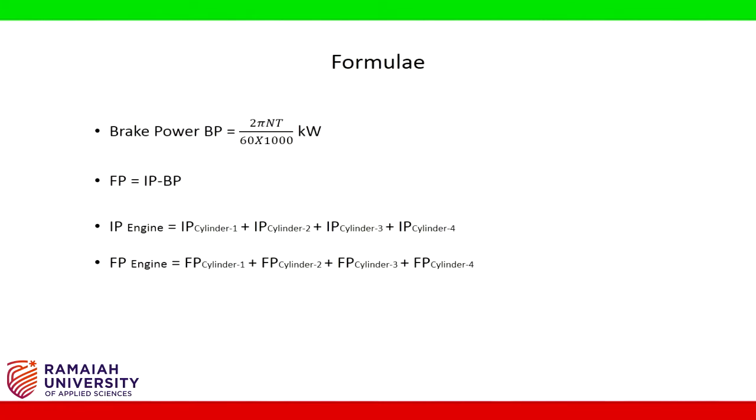Brake power is equal to 2 pi NT by 60 into 1000 kilowatt, FP equal to IP minus BP, IP engine equal to IP cylinder 1 plus IP cylinder 2 plus IP cylinder 3 plus IP cylinder 4. FP engine is equal to FP cylinder 1 plus FP cylinder 2 plus FP cylinder 3 plus FP cylinder 4.